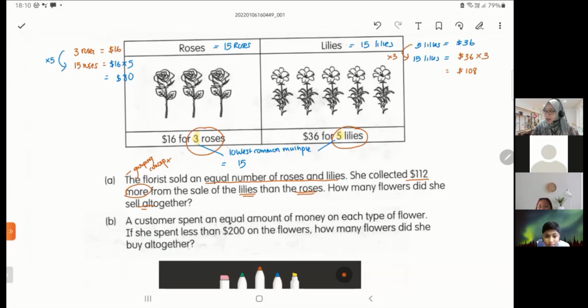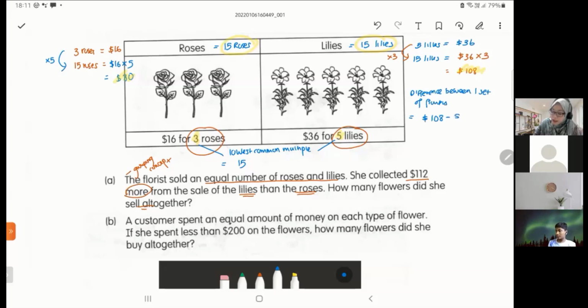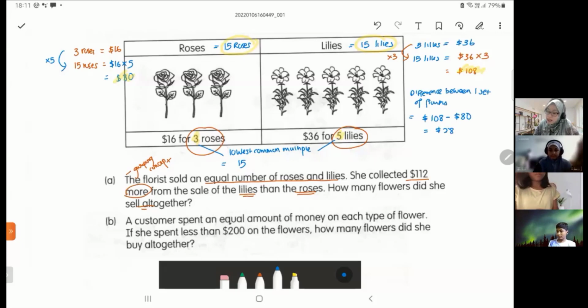Now let's find the difference between one set of flowers, which means this and this. One set of flowers means 15 roses and 15 lilies. The difference between one set of flowers will be $108 minus $80, which is $28.